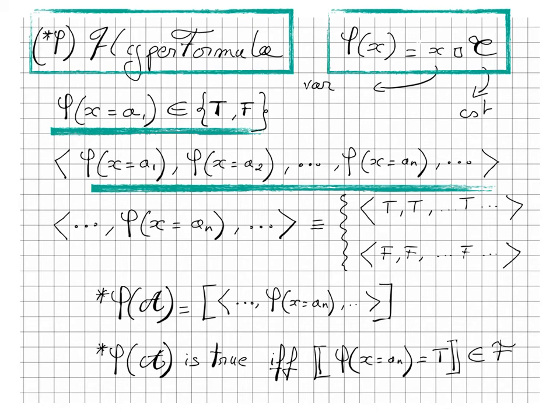I'm calling this equivalence class *φ of the hyperreal A, which is defined by the sequence of the a_n values. This statement is true if and only if the statement here is true almost everywhere. What we have here is indeed an example of Łoś's theorem.